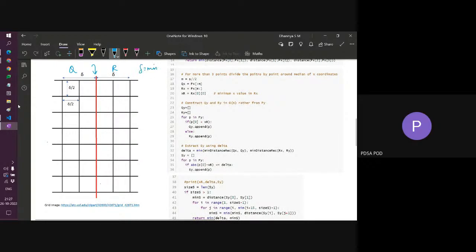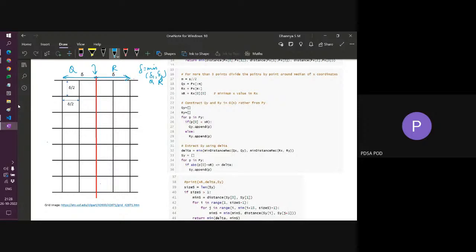So I've already told you delta is equal to min of delta 1, delta 2, where delta 1 comes from Q and delta 2 comes from R. Now suppose this is my delta. I'm going to look at the portion which is to the left of this and to the right of this at delta distance. What is the advantage of that?